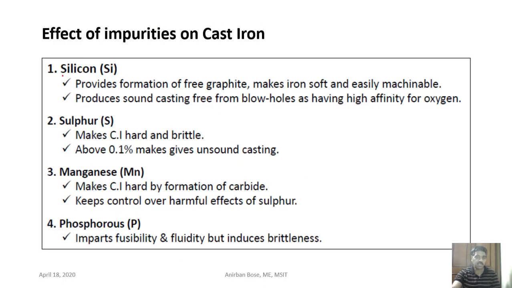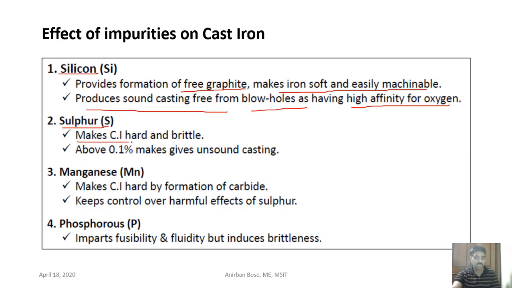Sulfur makes the cast iron hard and brittle, and above 0.1% makes unsound casting. Manganese makes cast iron hard by forming carbides and controls the harmful effects of sulfur. And phosphorus imparts fusibility and fluidity but induces brittleness. These are certain important alloying elements.